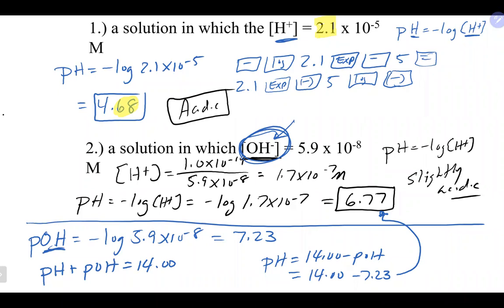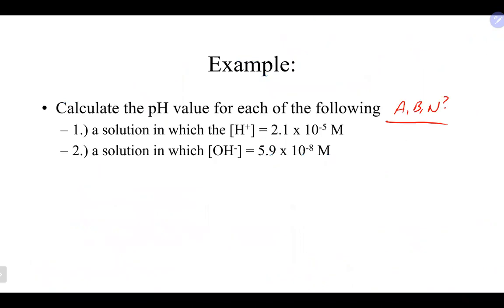This is also where people will oftentimes give the answer of it's acidic and basic at the same time. And that is because they will look at the pH and go, hey, it's like 6 point something, it's acidic. And then they'll look at the pOH and go, hey, it's above 7, so it's basic, and say the same solution is acidic or basic. The pH scale and the pOH run opposite of each other.